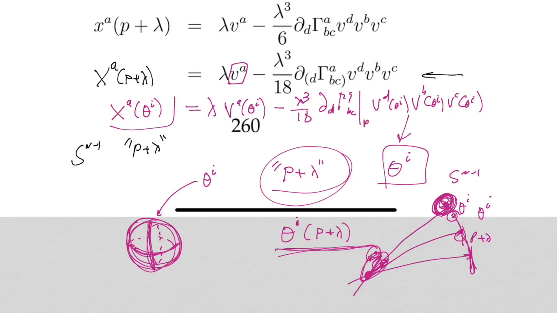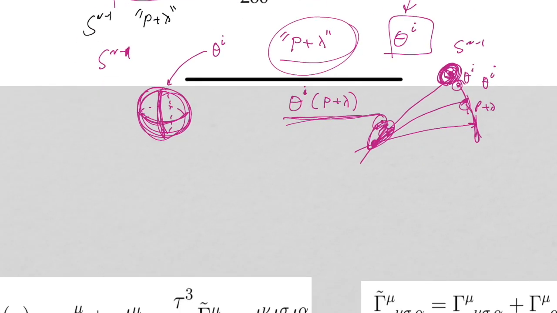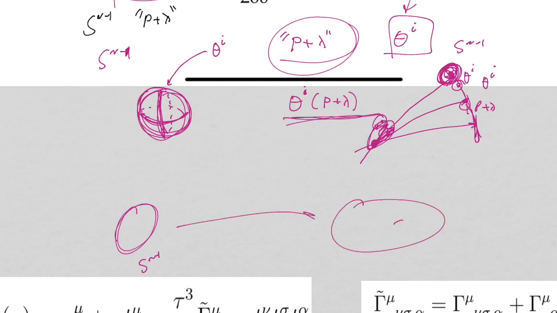So this is a function of theta I, and it is only those points, its coordinates in the manifold M, of a point on the manifold S^(n-1). And that is the definition of the transfer function. The transfer function is the thing that goes from the manifold S^(n-1) to the manifold M.